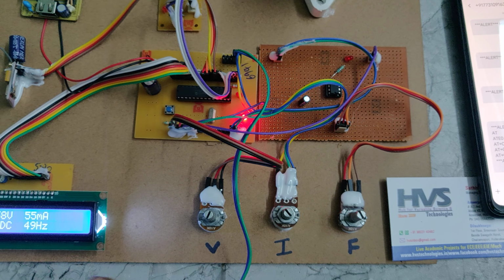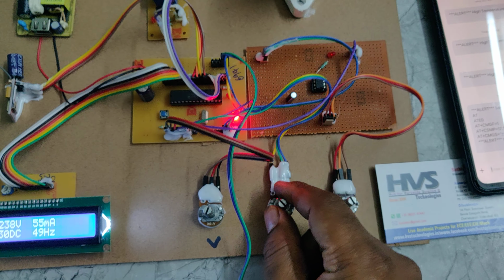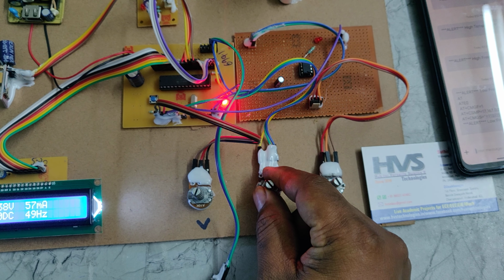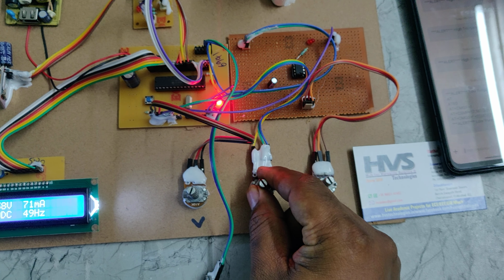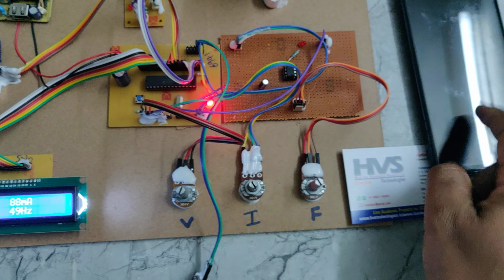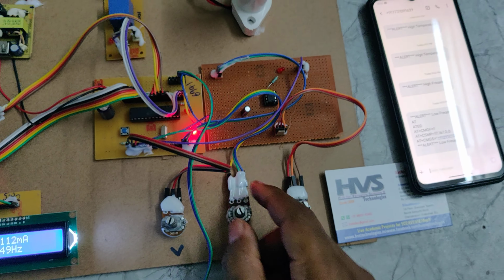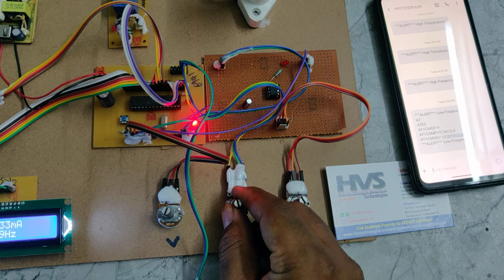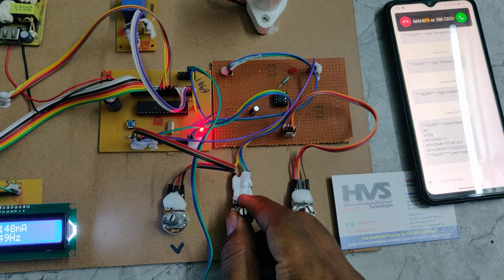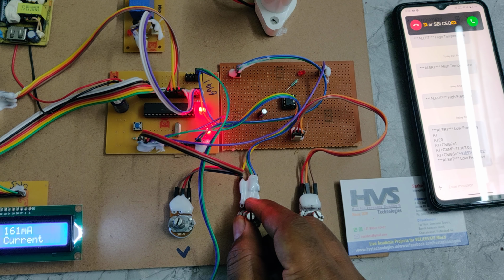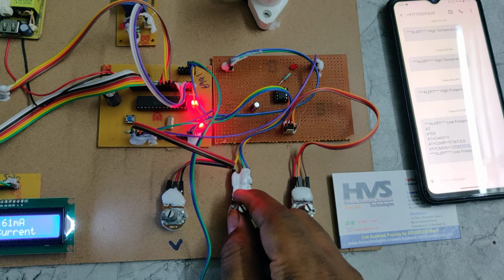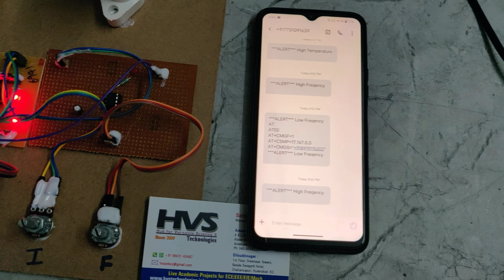We set normal temperature and normal frequency, and let us increase the current. Slowly increase it until it crosses the limit. Again high current, so we get the high current message.